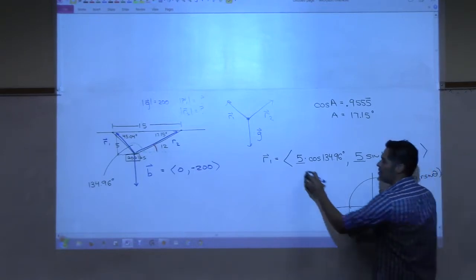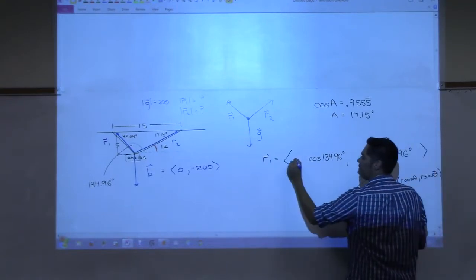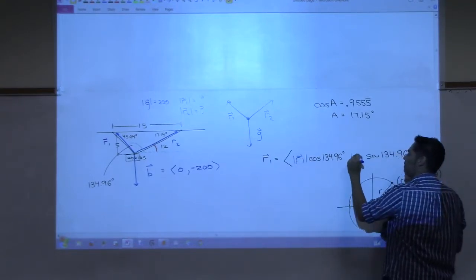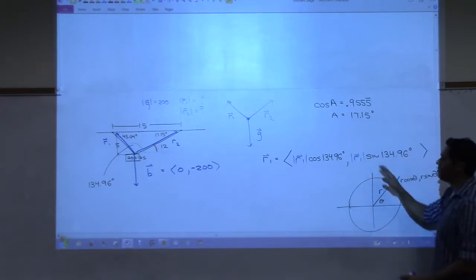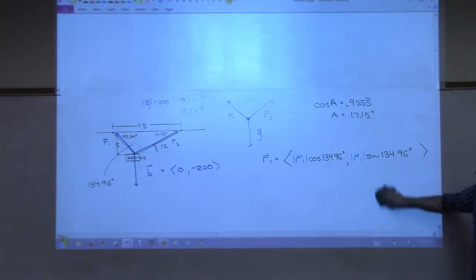So the 5 actually should be the magnitude of R1, which we don't know what that is, right? But it's okay, because we're going to be able to come up with 2 equations and 2 unknowns, and we're going to be able to solve.